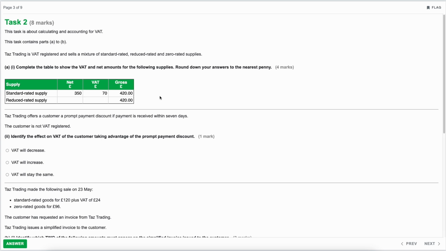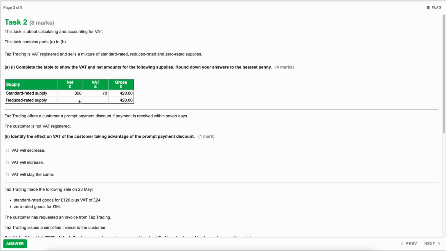Now for the reduced rated supply, we're going to use the same mathematical technique. So it's the same method. Instead of being at 20%, this time it's at 5%. So therefore your gross would represent 105%. So to get your net, I would take your gross of 420, divide it by 105 to get 1%, and multiply it by 100.